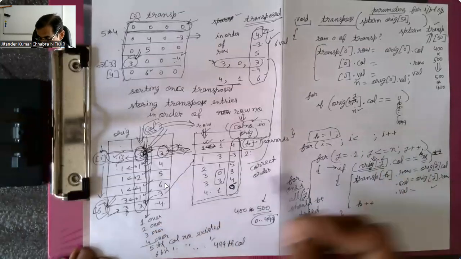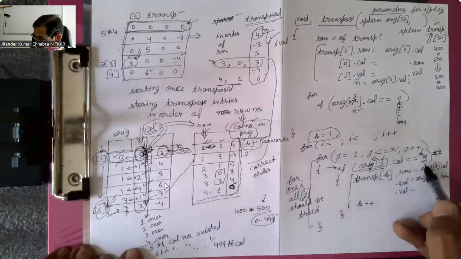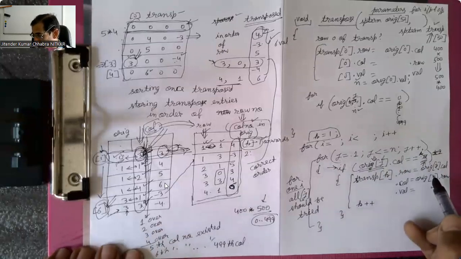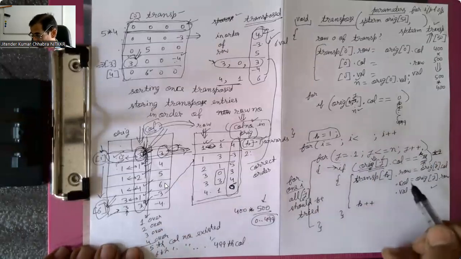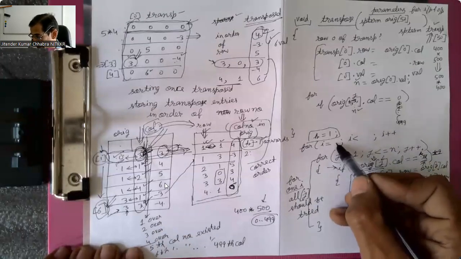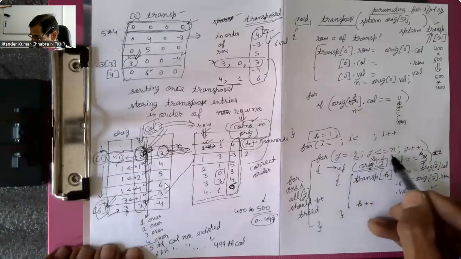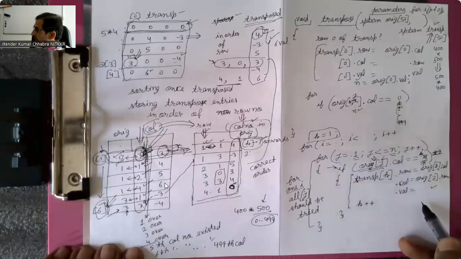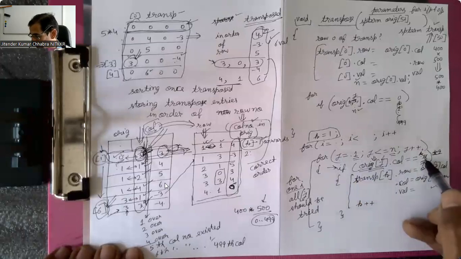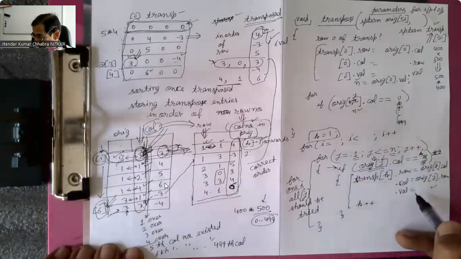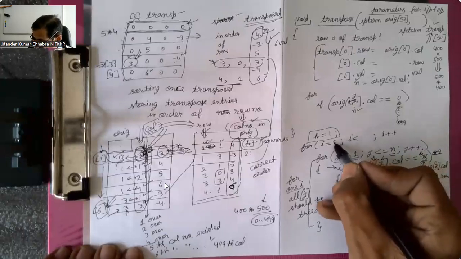Initially, I is 0. I am looking for all entries for old column number 0. Once they are exhausted, again start. Take I as 1 and again check for all entries belonging to column number 1. Original column will now become row number. So from where should I start?